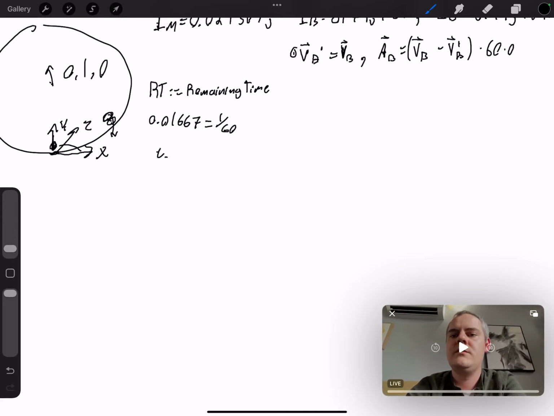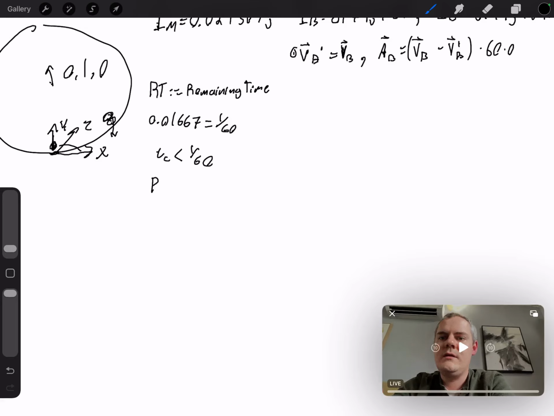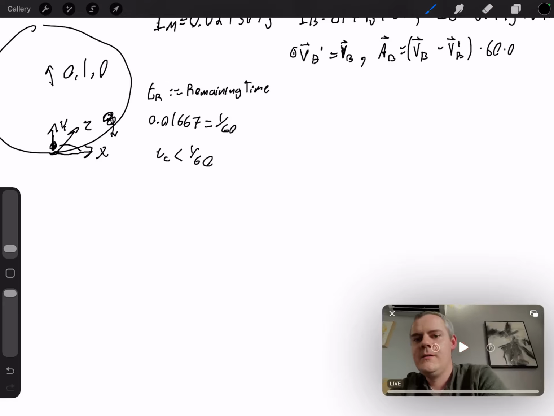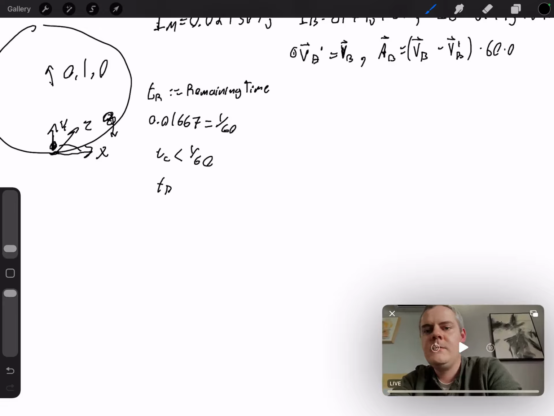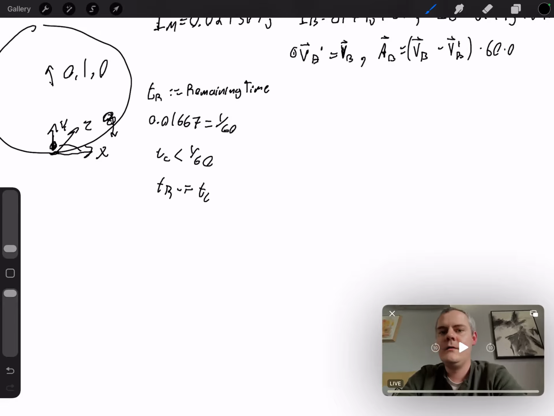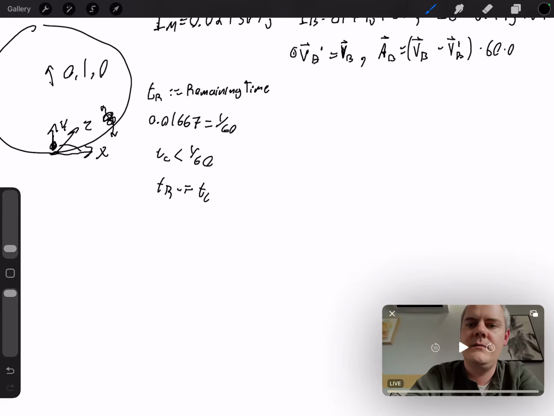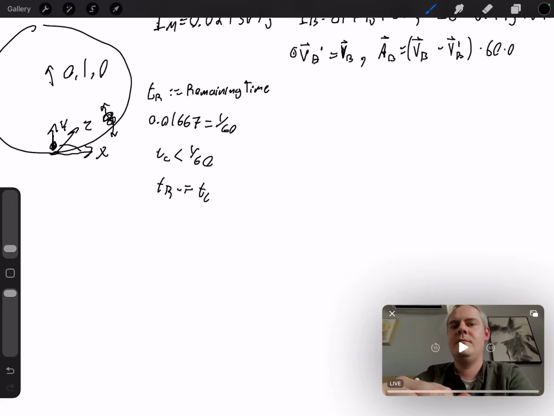I'll call it collision time is less than the remaining time, there's a better name for this, T subscript R. Oh yeah. And then I need to subtract off the collision time and keep going. There's this situation where it could hit the sphere twice, huh?